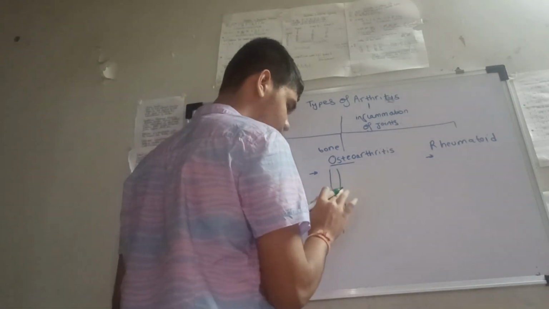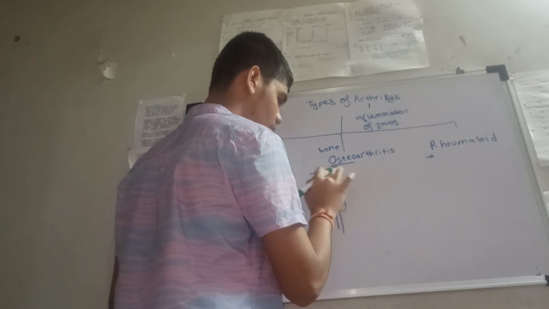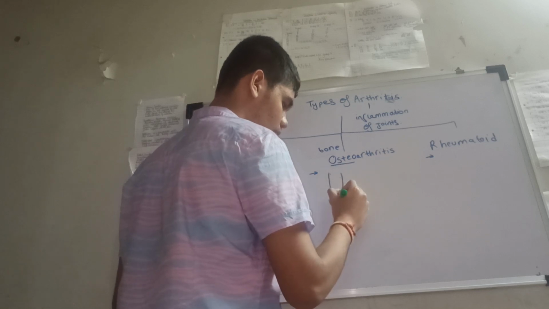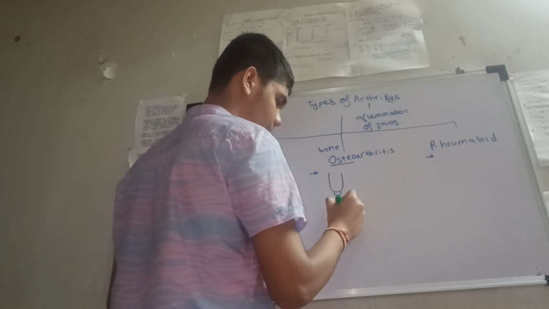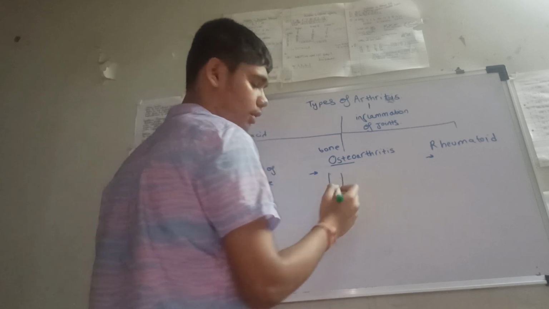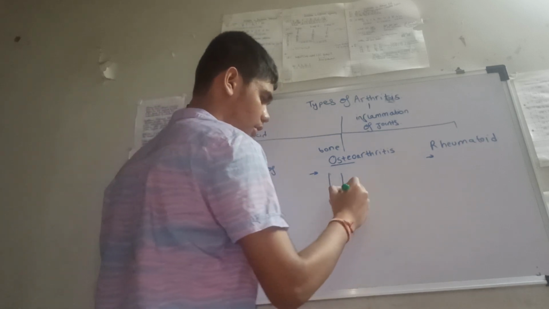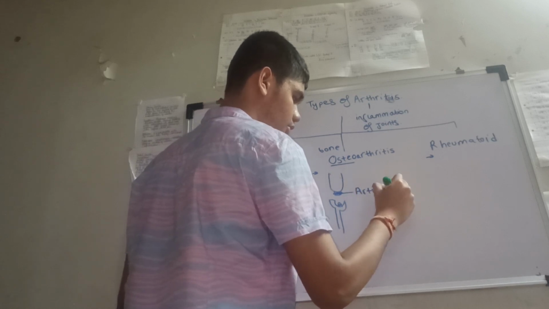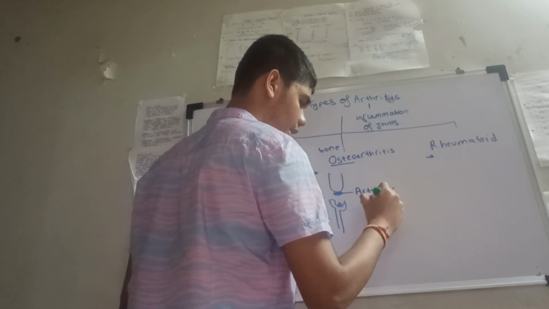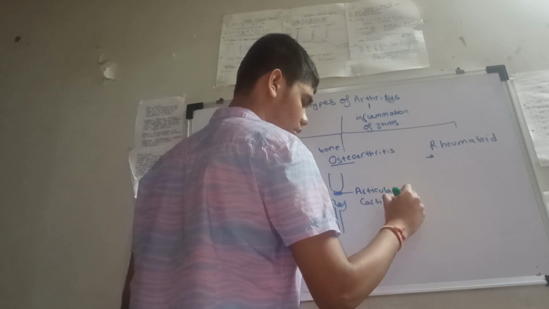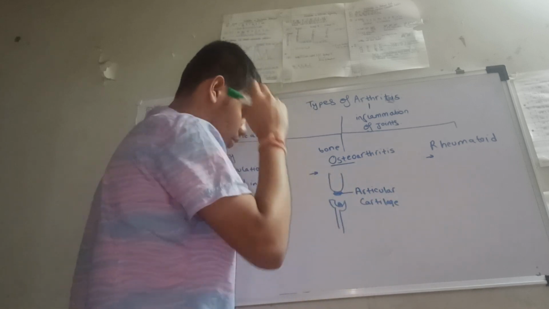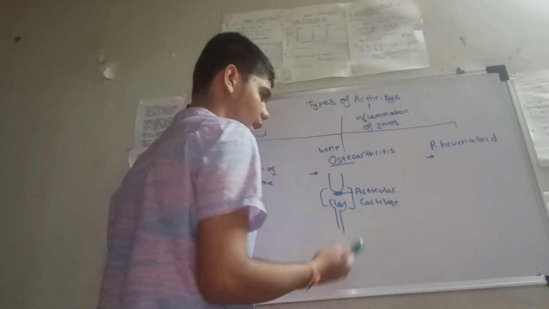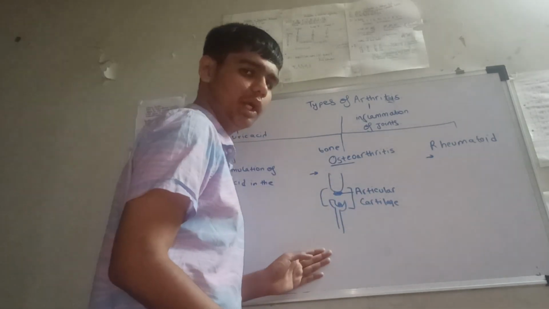So you know that here, which I have shaded, it's the articular cartilage, right? These are the articular cartilage. So now what happens, here is the synovial, I have made the joint here.